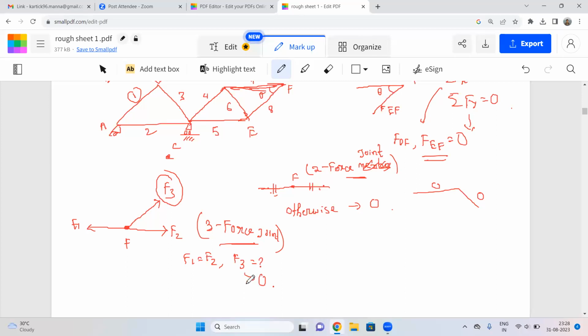So for a three force joint, if two forces are parallel, then these two values will be equal. And the third one, whatever the direction, will be 0. If it was perpendicular also, then the value will be 0.